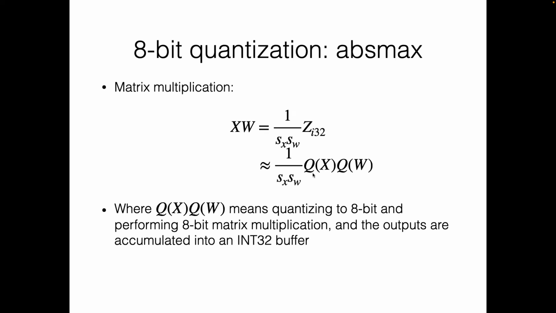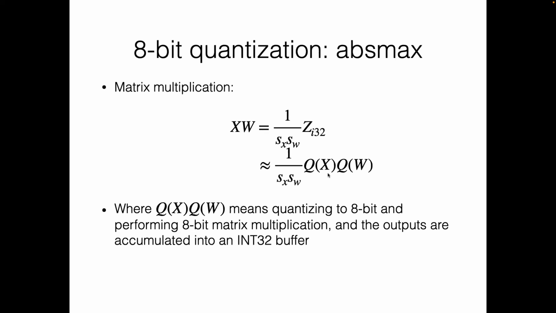And then for each one, you're going to have this scale parameter that you can divide by to dequantize. So this is representing both the quantization and dequantization. Now what happens is, let's say you multiply two 8-bit numbers together. Let's say you have 127 times 127.